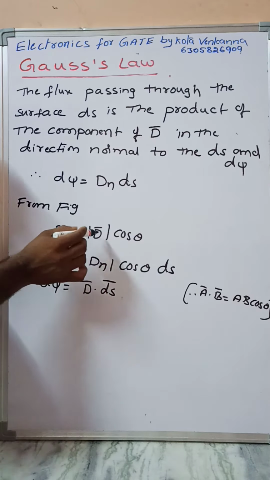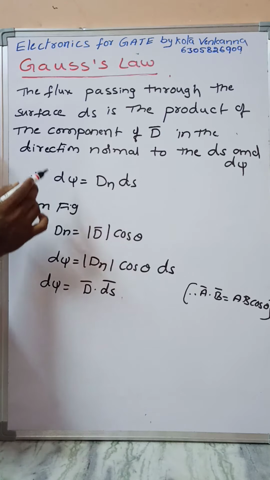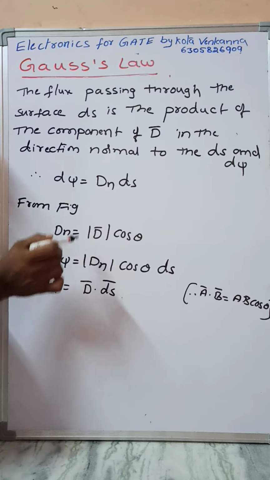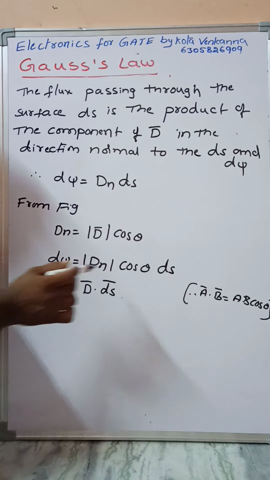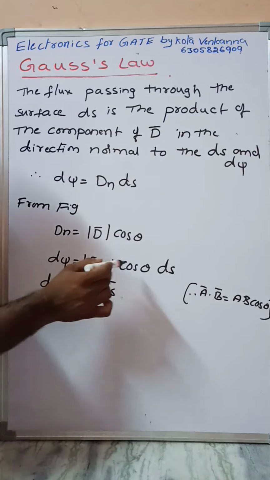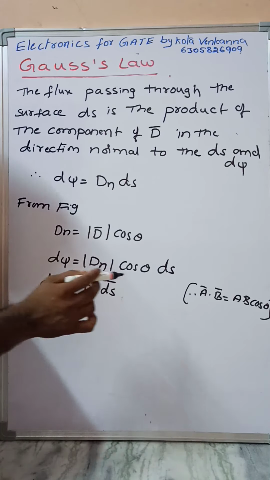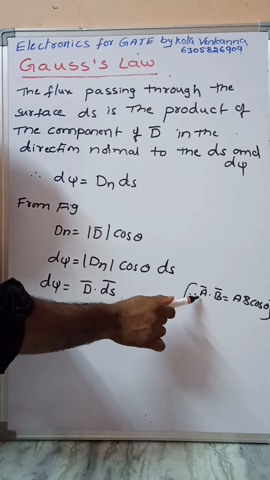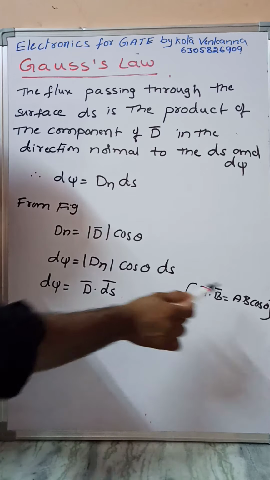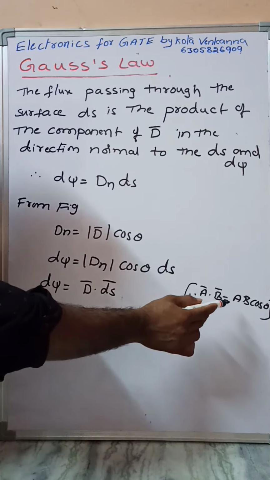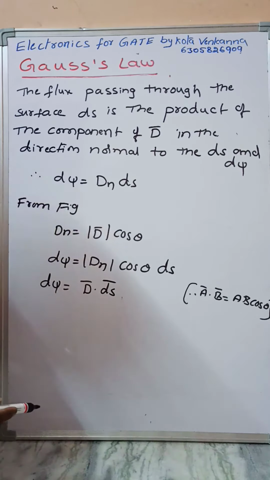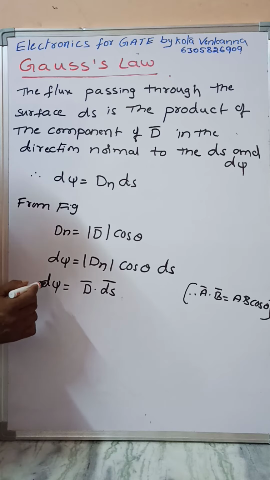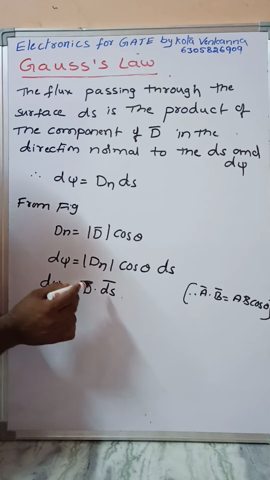Substituting, d psi is equal to modulus of D cos theta ds. From the dot product formula, A dot B equals AB cos theta, so d psi is equal to D dot ds.